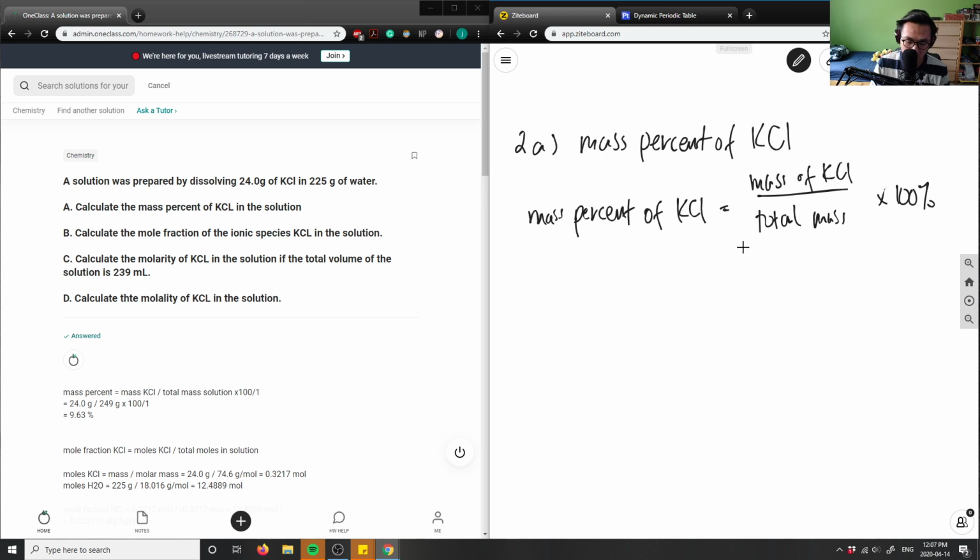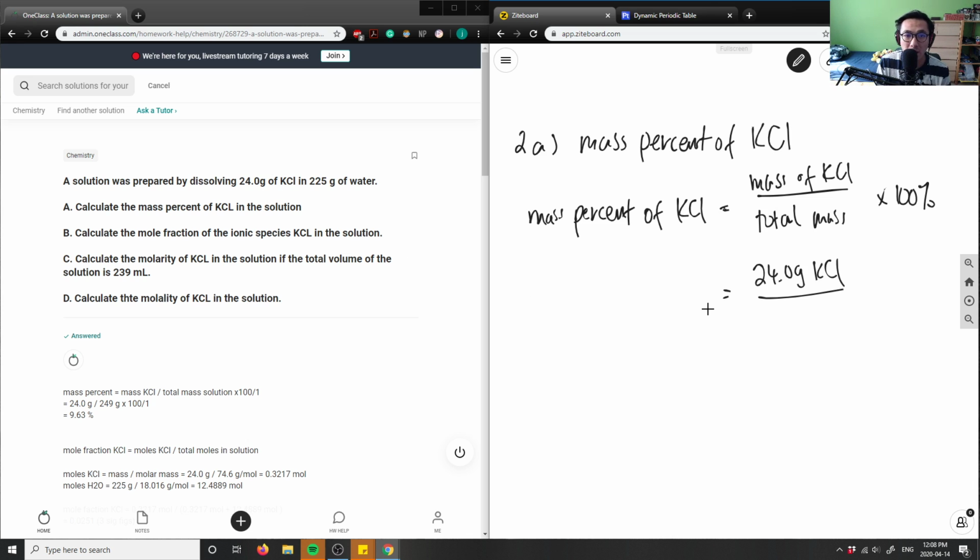So in order for us to solve this, we have the mass percent, which is what we're solving for. So this would equal the mass of potassium chloride in grams, which is 24.0. So we don't have to do much math here. 24.0 g KCl, and we're going to divide that by the total mass, which is the mass of the total solution, so the total KCl and water.